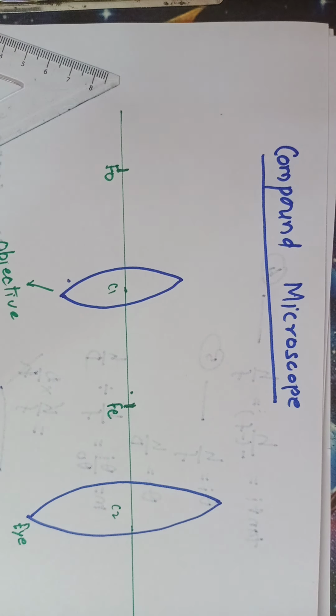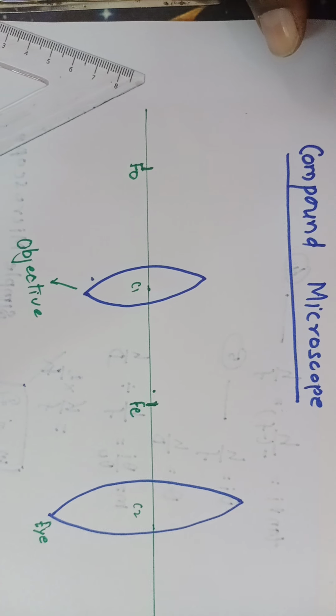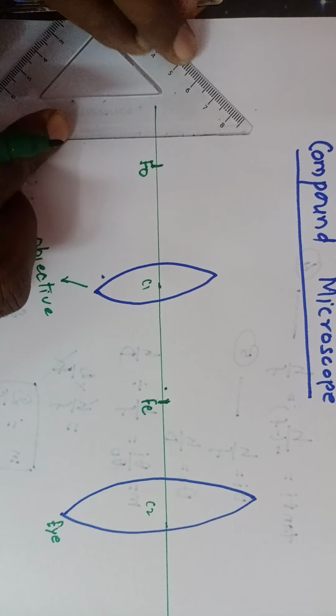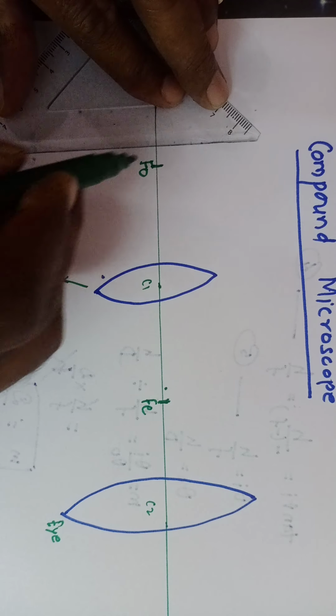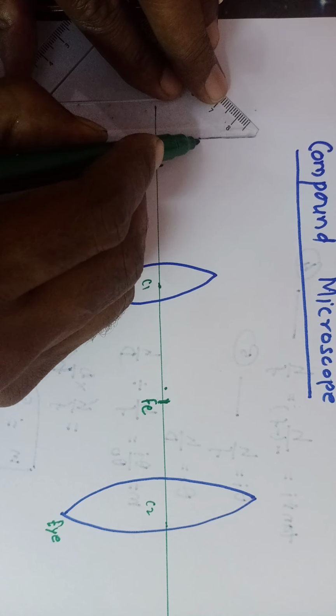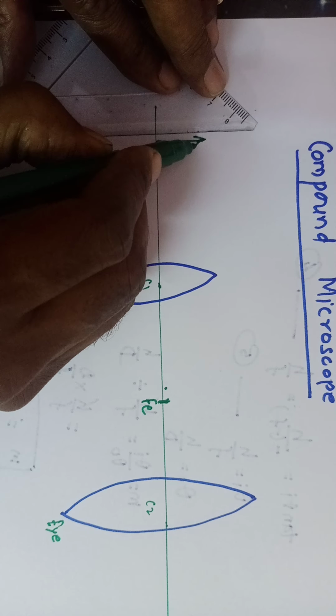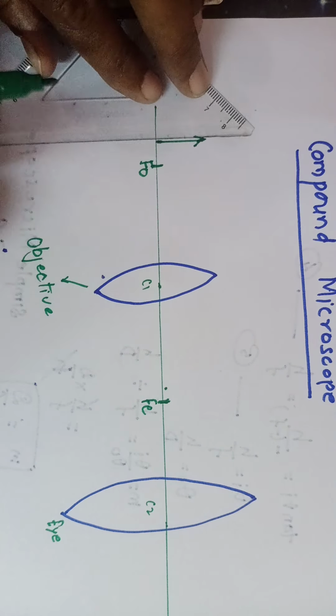We all know the least distance of distinct vision is a distance of 25 centimeters. Now first of all, we will keep the object beyond focus. Listen carefully, this is a very important point. We have to keep the object beyond focus, but very close to focus, not far away.